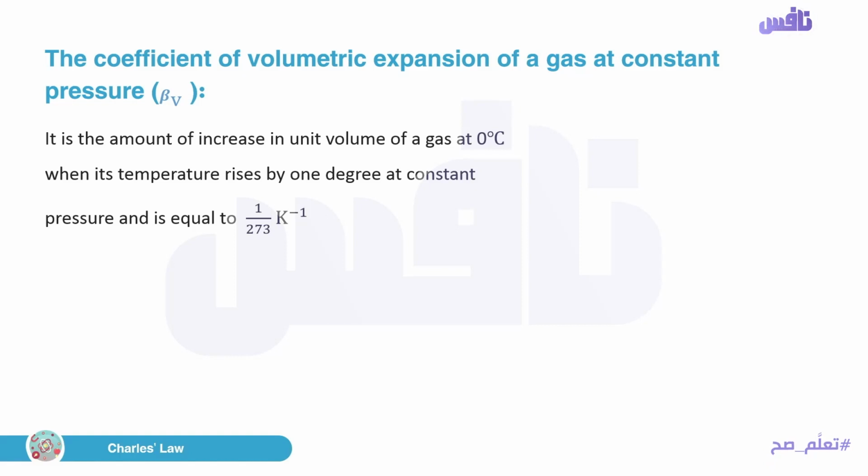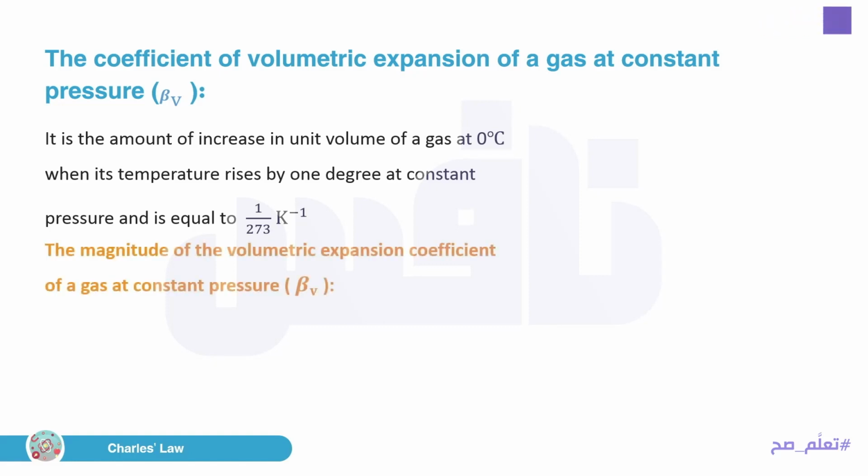And someone may ask me, what is K? K is Kelvin, which is the unit of temperature. So 1 over T is K to the power minus 1.